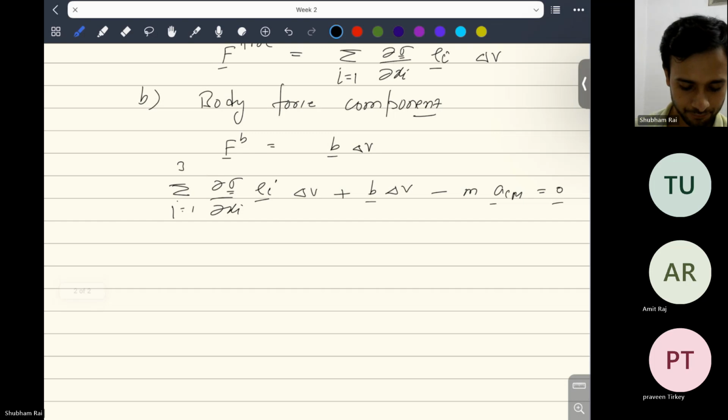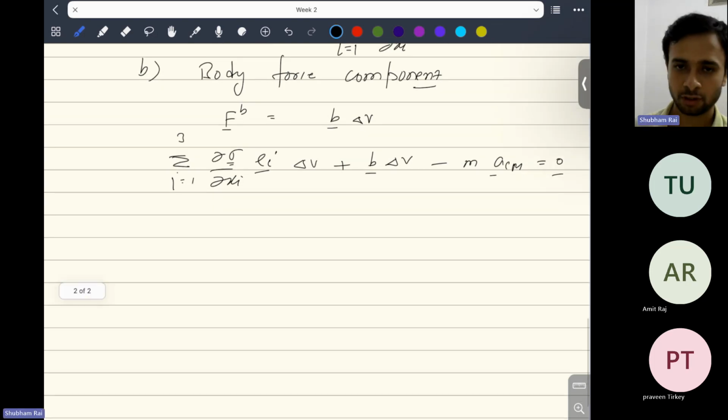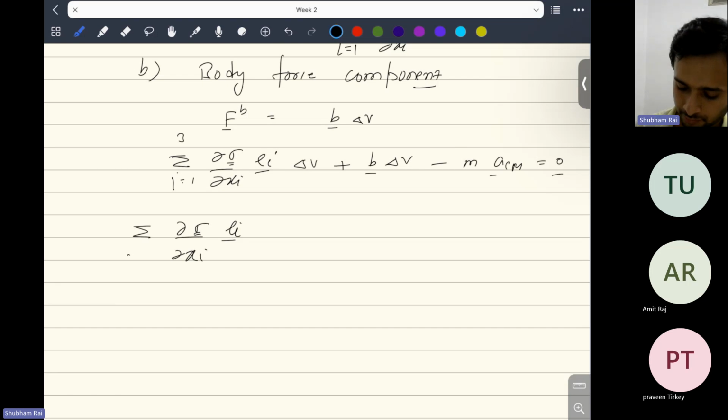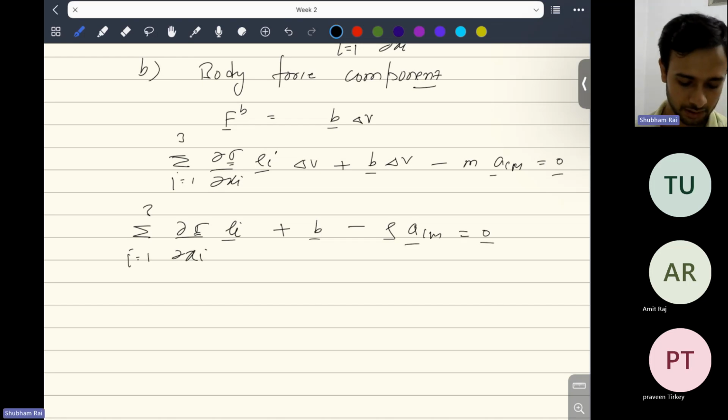Now if you divide the whole equation by delta V, you get M over delta V, which is the density of the body. So finally you will get the sum over i equals 1, 2, 3 of del sigma over del xi times ei, plus b, where delta V will not be there because we have already divided the whole equation by delta V, minus rho, the density, times a. So this was the linear momentum balance equation.